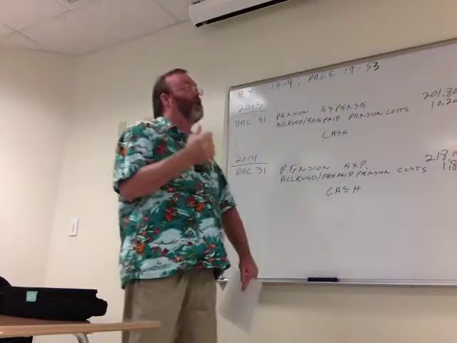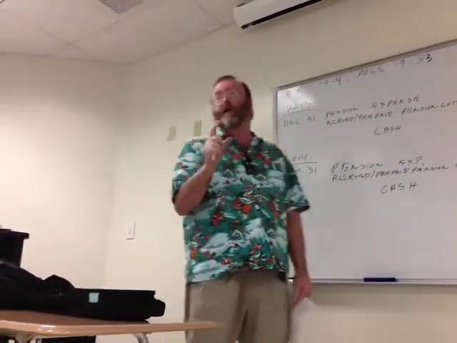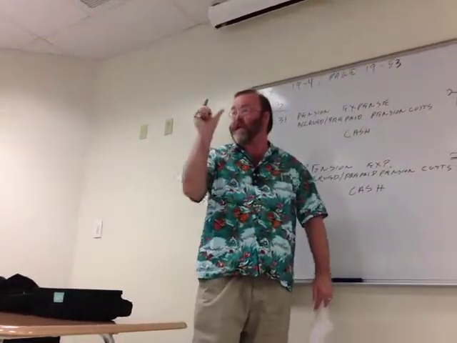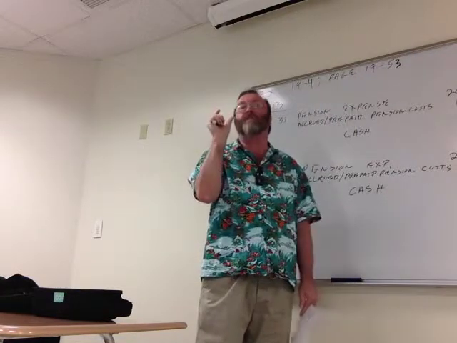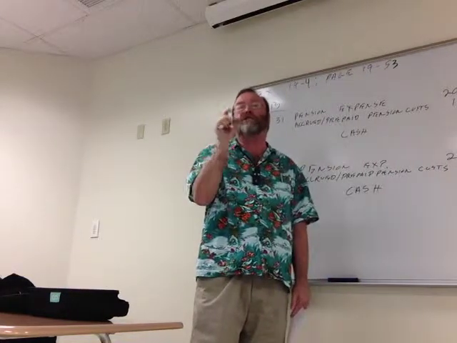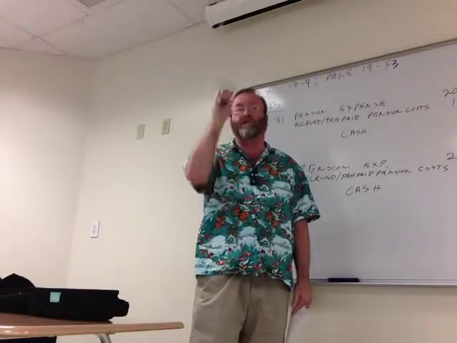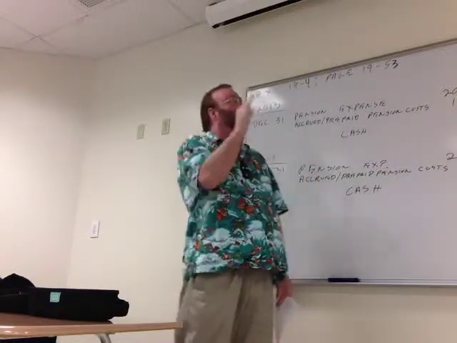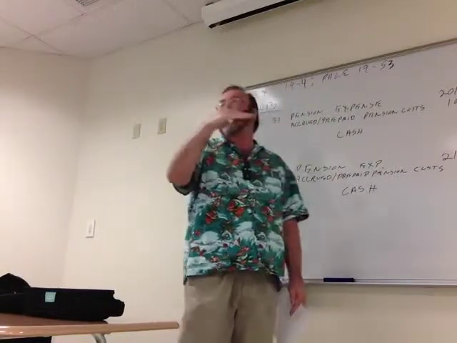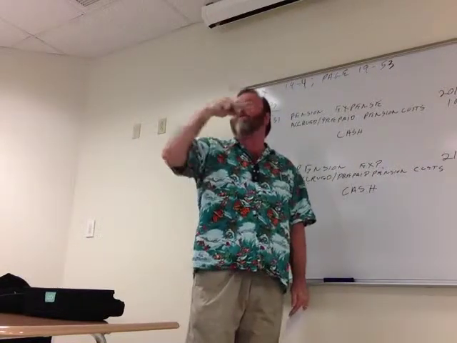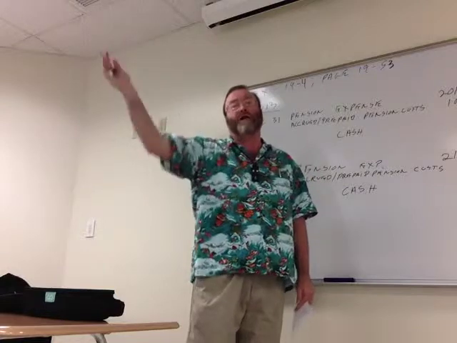So the service cost is the current year expectation as to how much the projected benefit obligation is going to increase based upon everyone working for us in the current year. The interest cost is getting that present value up to current value over time.